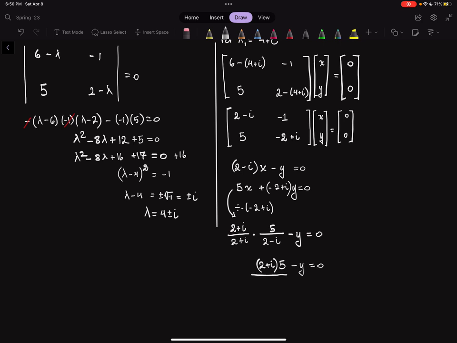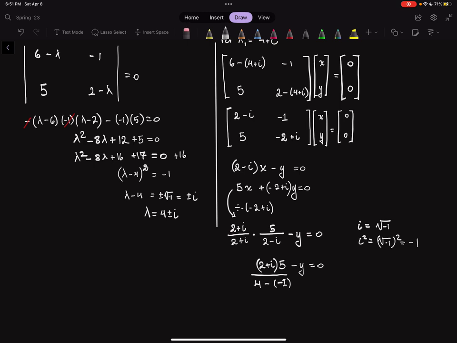The bottom is going to be 2 squared, which is 4, minus i squared. Now, what is i squared? All right, well, what is i? i is equal to the square root of negative 1. i squared is going to be negative 1. So we can write negative 1 here instead of i squared.